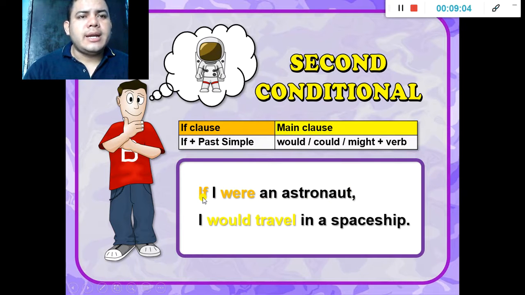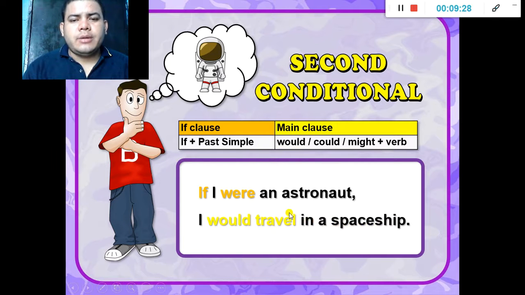If I were an astronaut, right? But he is not an astronaut. So he is just dreaming. What would happen, right? If I were an astronaut, what would you do? I would travel in a spaceship, right? If I were an astronaut, one more time, I would travel in a spaceship.